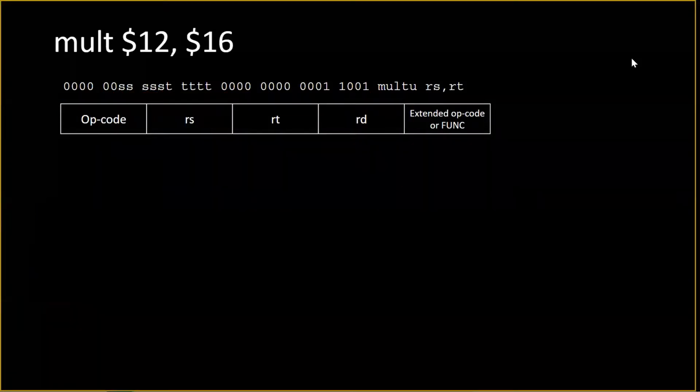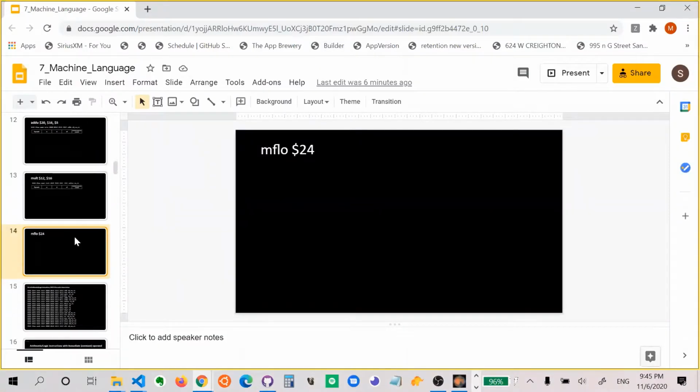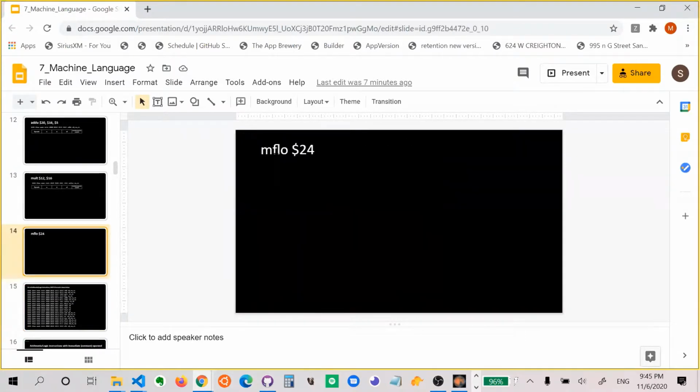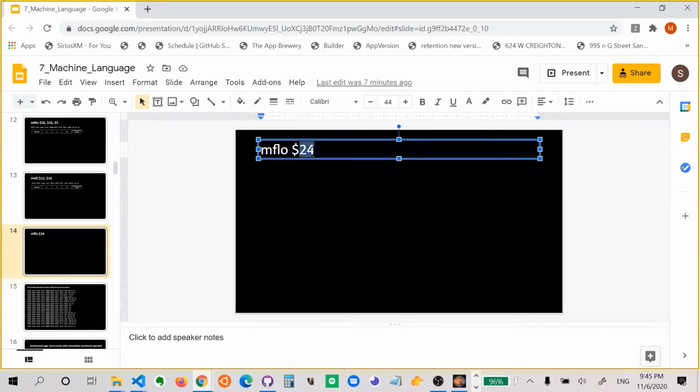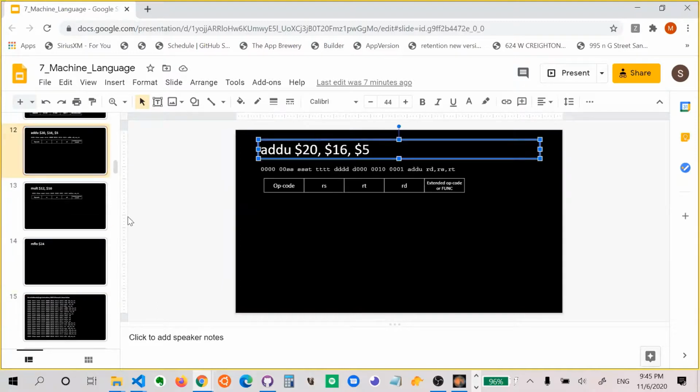Okay, so here we have another instruction again, and let's do the same thing. So it's move from low. This one is, again, R format, but I put it here on purpose because it's only one register. So that's a bit different, because typically your R formats always have 3 registers.